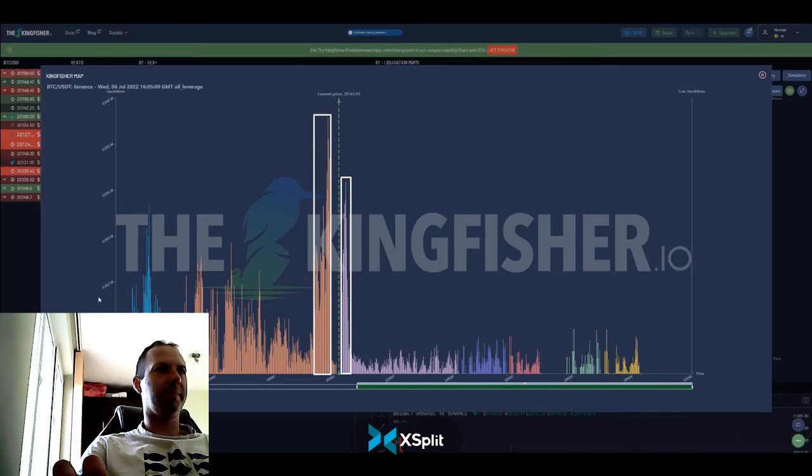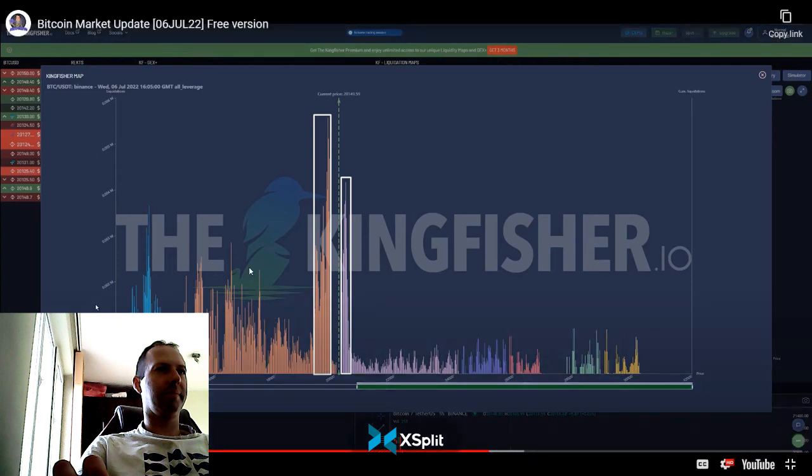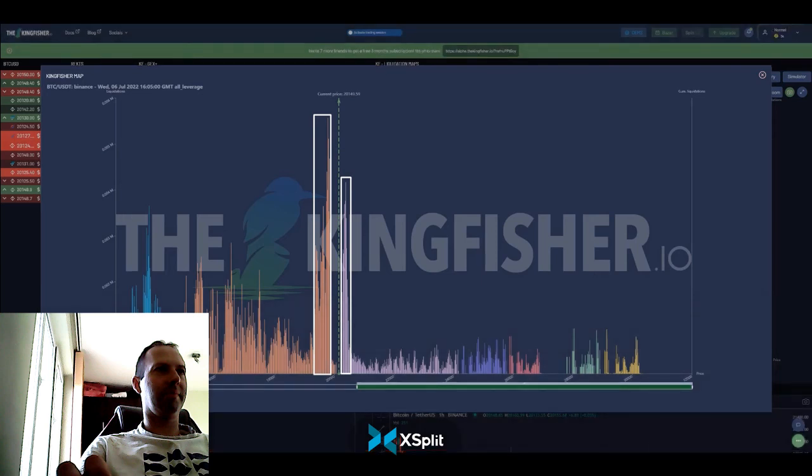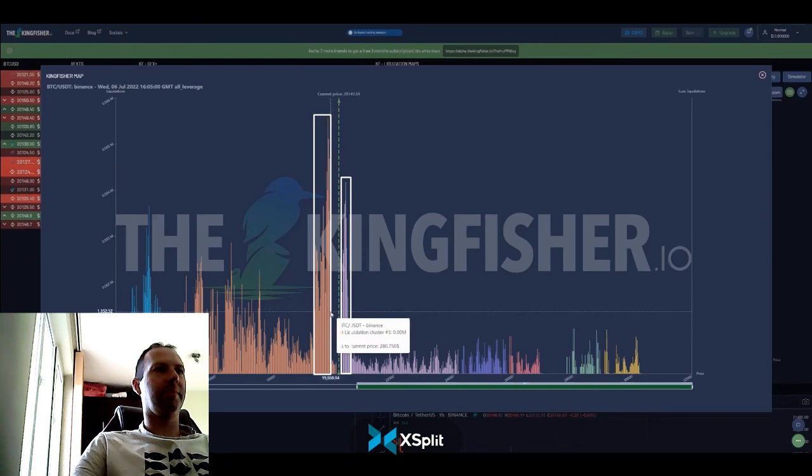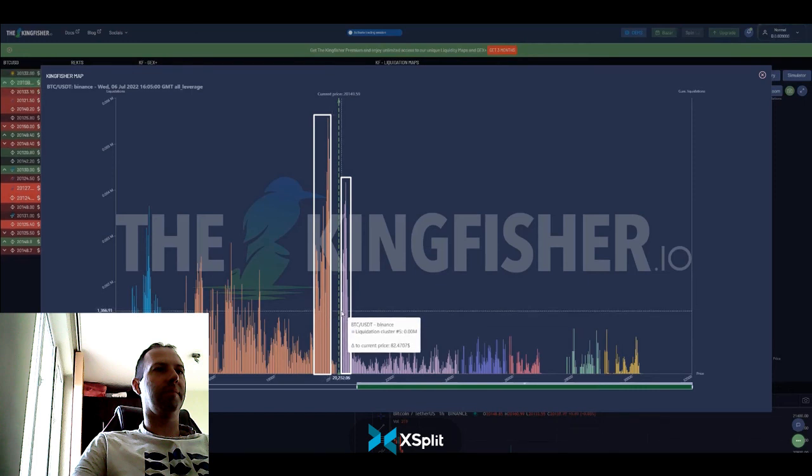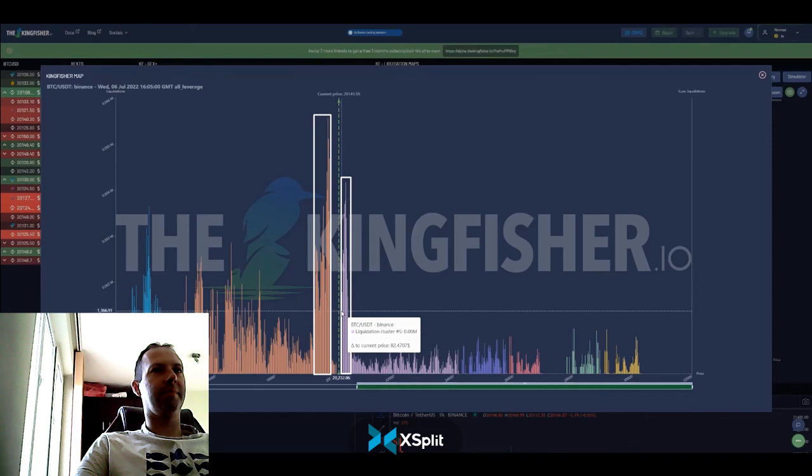So let us check. I'm not making any bet, but very interesting. If we check here right now, we can see that to liquidate the longs, we need to go below 19.9. Let us say 19.9. So very close. And to liquidate the shorts, 22, it's even closer.